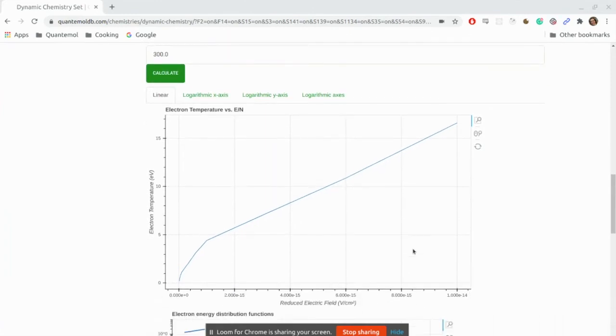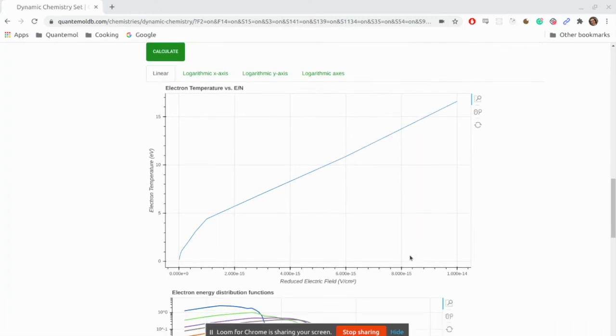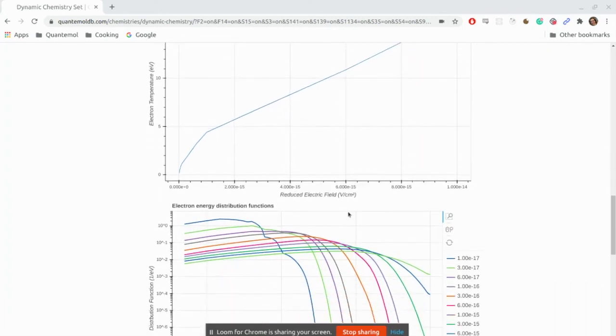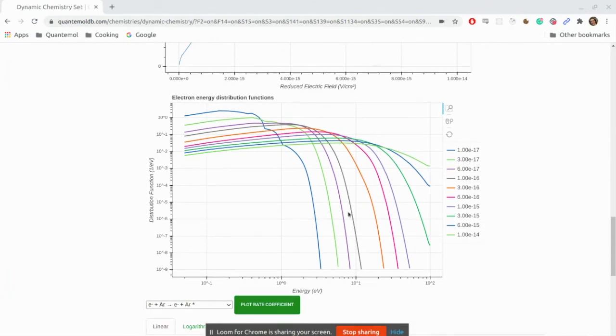So let's look at the electron temperature. The thing to watch out for is that it should increase monotonically and be a smooth function of the reduced electric field. So you don't expect any zigzags here. And to ensure validity, also look at the EDFs.